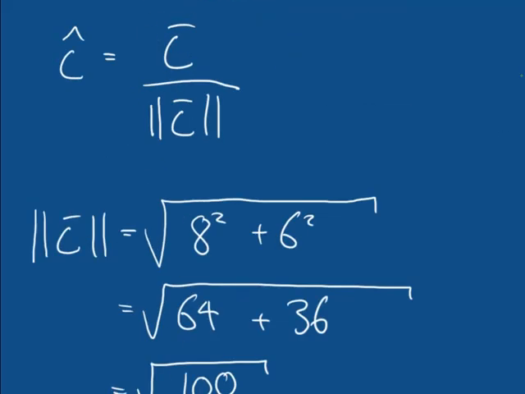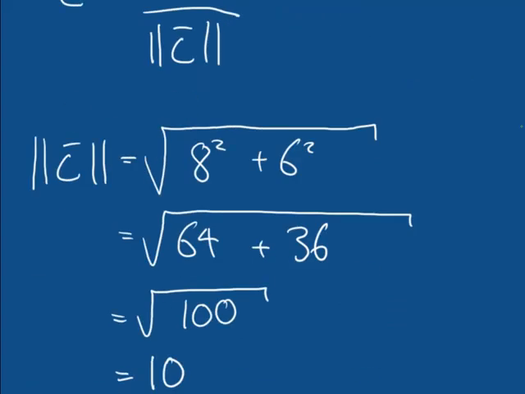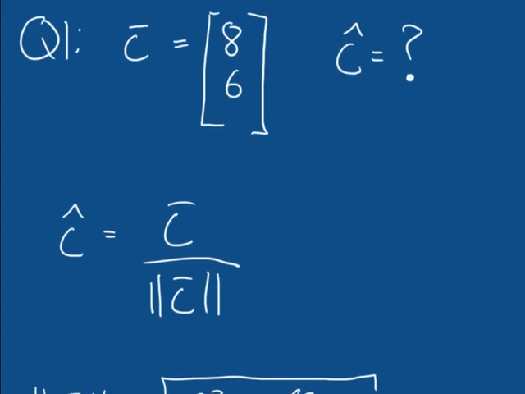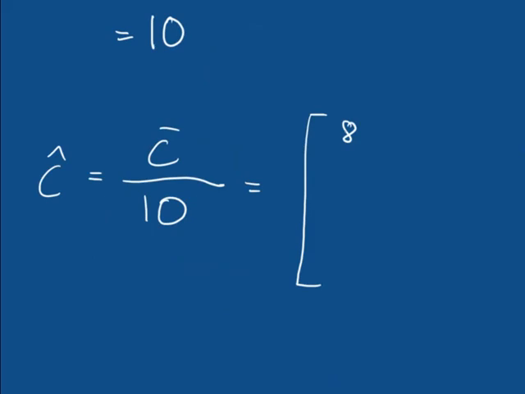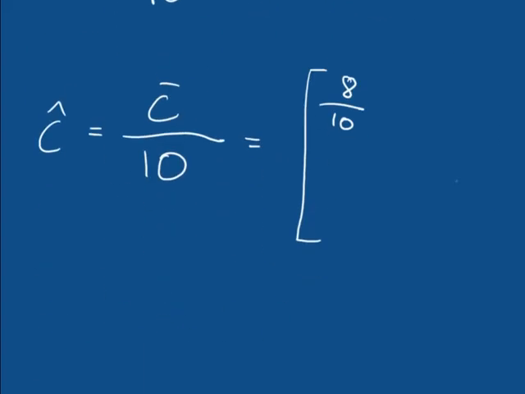And we saw what that means is we take our vector and we divide each component of our vector by 10 in this case, because we're dividing by 10. So that's going to be equal to a vector. And the x component of that vector is going to be the x component of our original vector, 8, divided by 10. So 8 divided by 10. And the y component is going to be the y component of our original vector divided by 10.